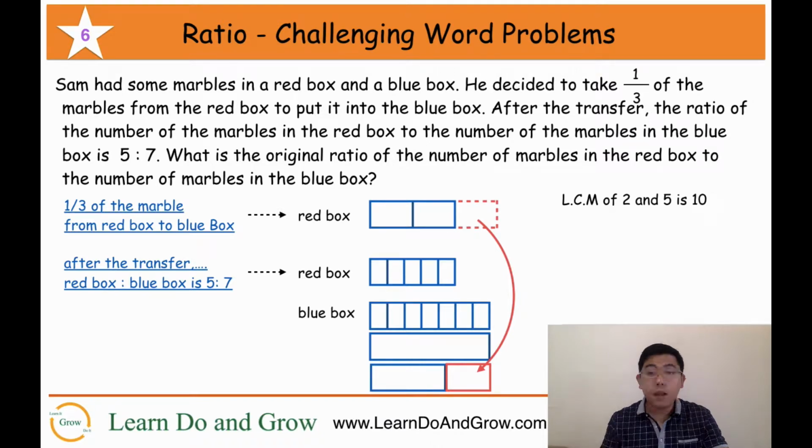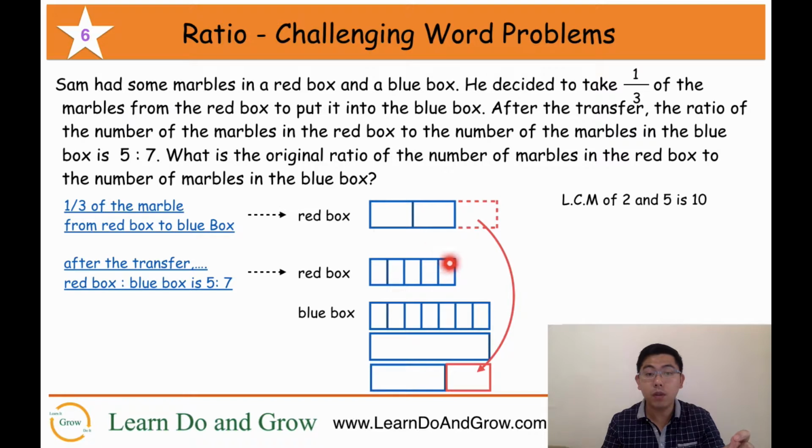If you notice, I purposely draw this model to have the same length. The model that belongs to the red box, before and after, has the same length. Why? Because the quantity of the marbles doesn't change, and this is very, very important.